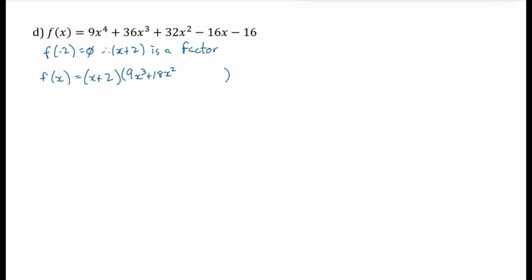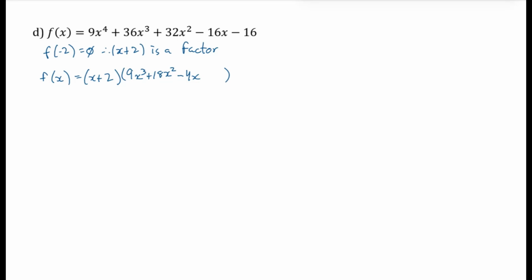Okay. Next, I'm going for the x squared term, so I'm trying to get 32. So 2 times 18 is 36. I'm too high. I've got to go down 4. So 1x times negative 4x will give me negative 4x squared. And those are my two x squared terms. 2 times 18 is 36. 1 times negative 4 is negative 4. 36 minus 4 is 32.